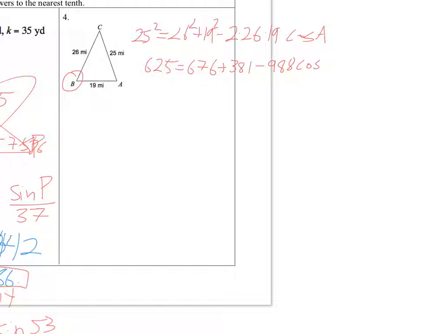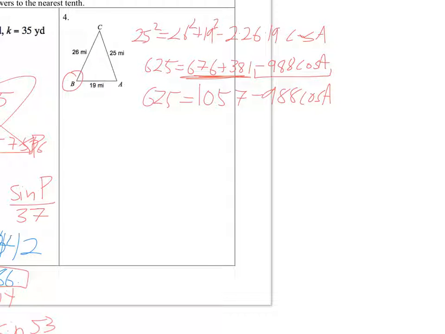Okay, tricky part is right here. We cannot combine this with the other stuff on this side because they are not like terms. So what we're going to have to do is combine these two, and we get 625 and 676 plus 361. We get 1057 minus 988 cosine of A.